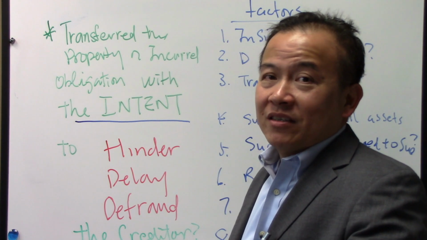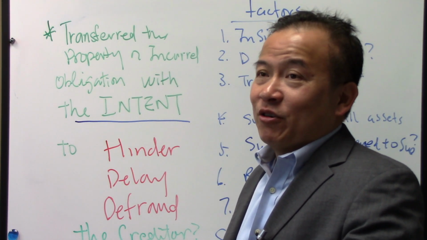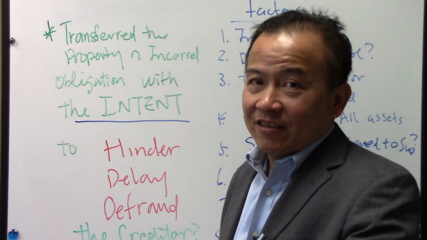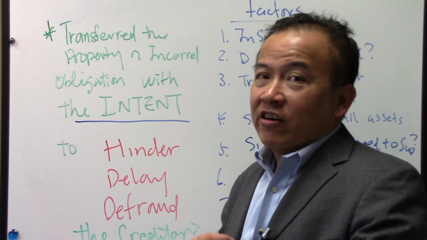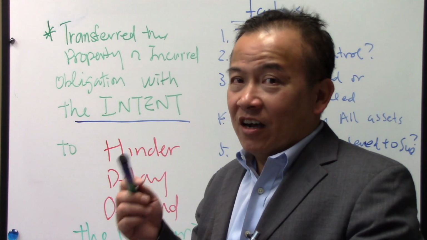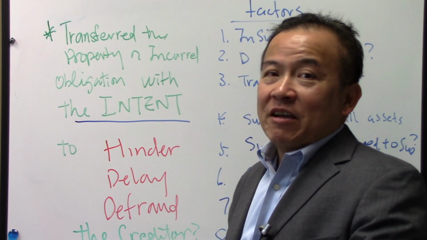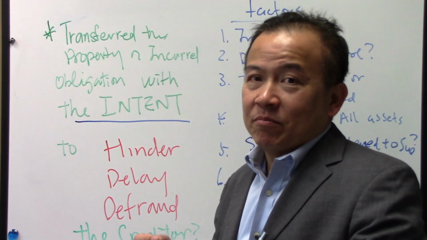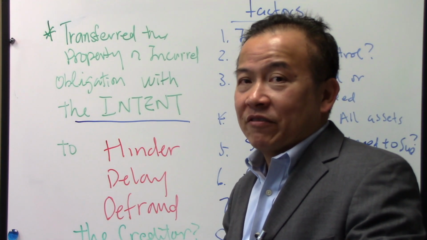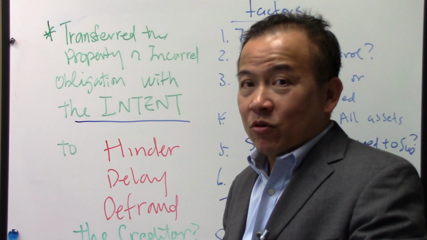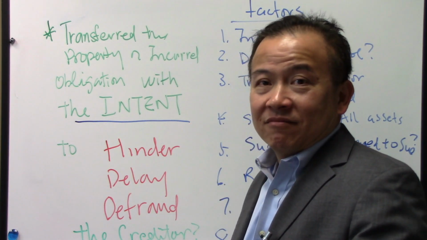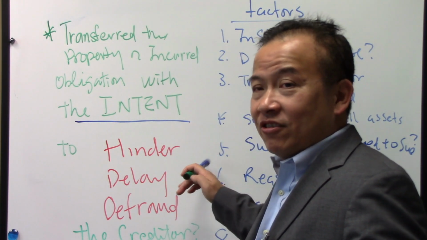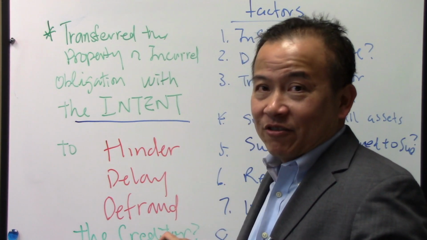A debtor is not going to admit, hey, I transferred a property because I don't want you to get it. That will never happen. If they are that honest, most of the time they will not do it. They will just pay the creditor whatever they are owed. They will not openly admit that they have the intention to hinder, delay, or defraud the creditor.